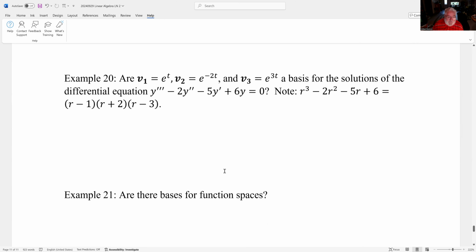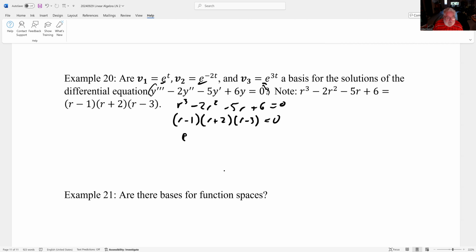Same thing about this. Are these a basis for the solutions of that differential equation? And our characteristic equation would be r cubed minus 2r squared minus 5r plus 6 equals 0. It's a cubic. It's hard to factor, but fortunately, I'm not going to actually do that. And we'll just say that our solution should be e to the t, e to the minus 2t, e to the 3t.